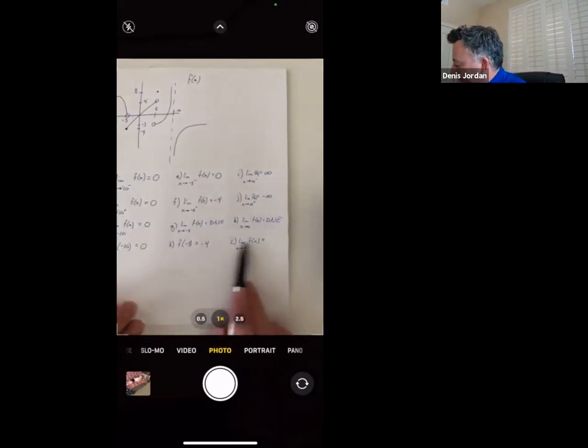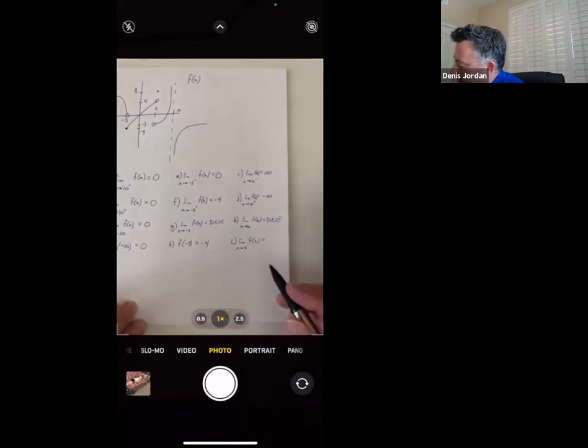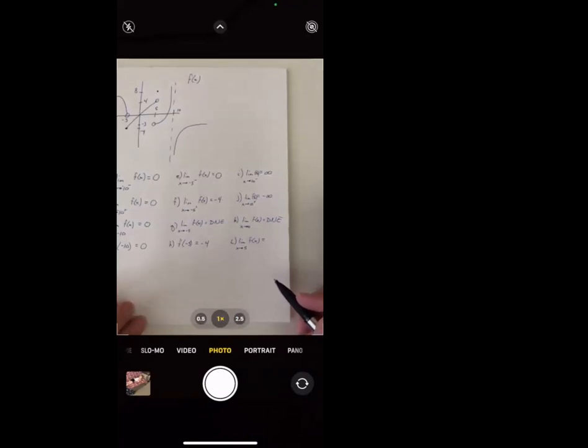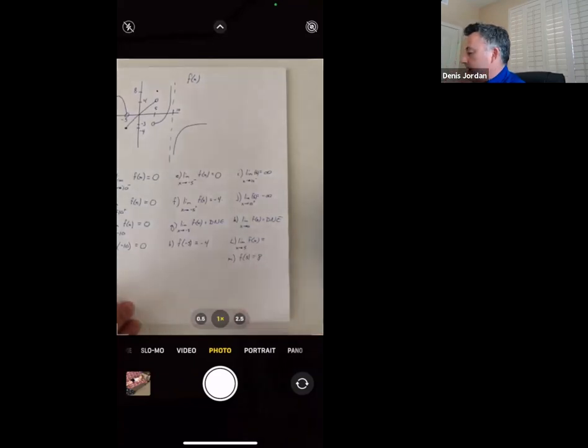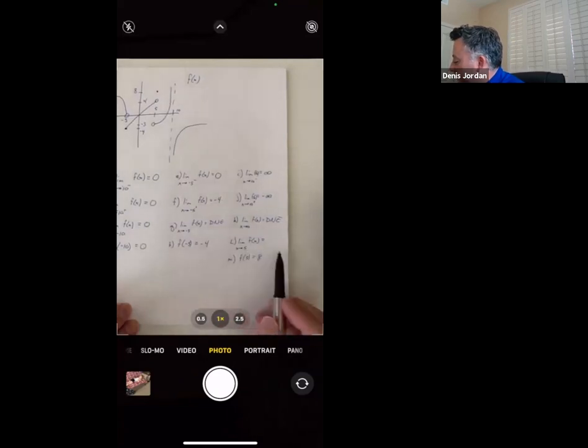Okay, and then this last one, the limit as x approaches 5. Eight, because it's a closed circle up there. That would actually be f of 5. So the function value is 5 because that's where the point is, but not the limit value.